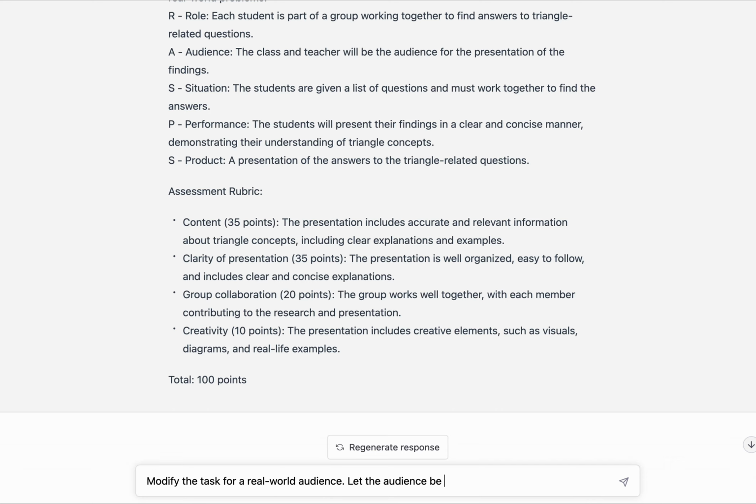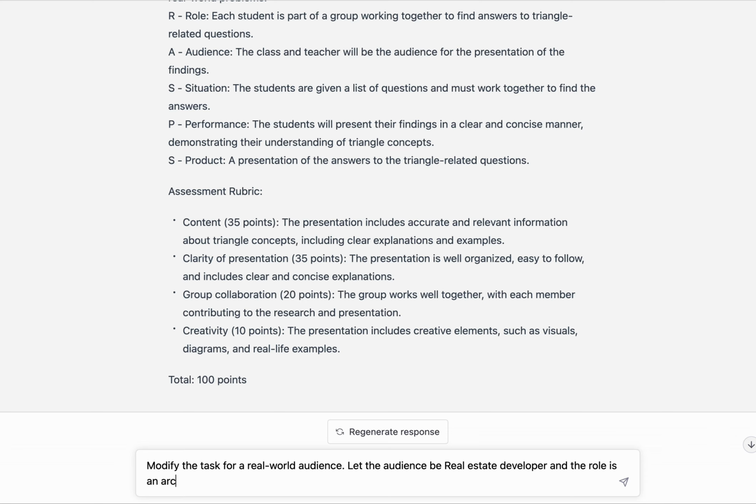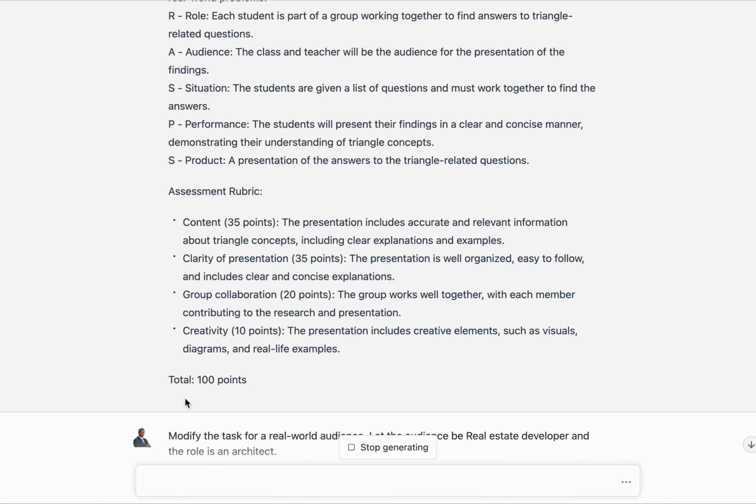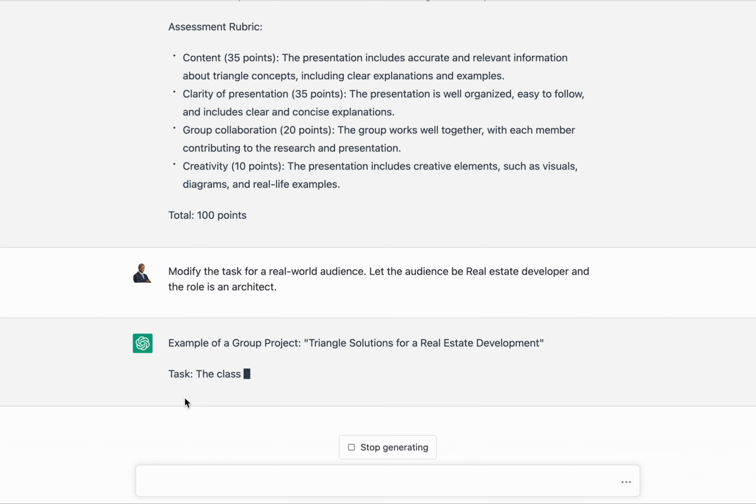Let the audience be a real estate developer, and the role is an architect. Let me see. I'm not going to help it too much. I really want to see how it functions.